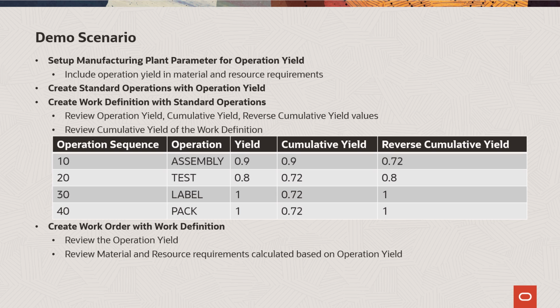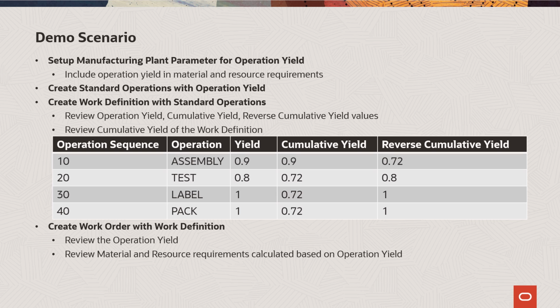You will see how to set up the plant parameter to include operation yield in calculating the material and resource requirements. Next, you will see how to define operation yield in the standard operation. Then, you will see how to create a work definition with the standard operations that have operation yield.